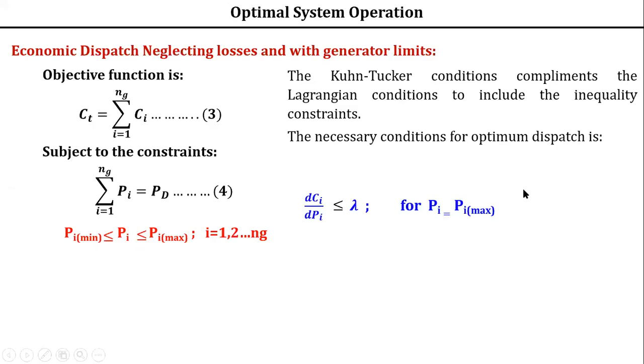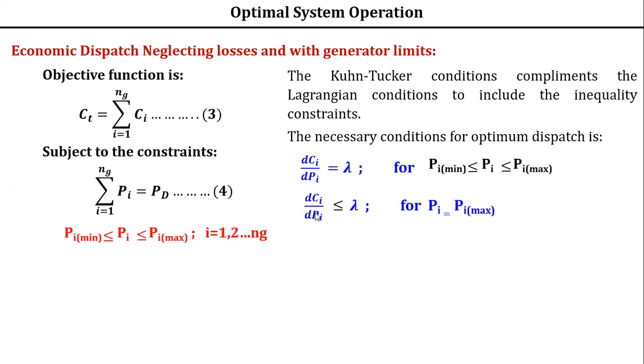Therefore, the necessary condition for optimum dispatch is that incremental fuel cost will be the same for all the plants or units, as long as the real power generation is within the minimum and maximum limits. However, whenever the generation violates the lower minimum limit or the upper maximum limit, the condition for optimal dispatch will be like this.